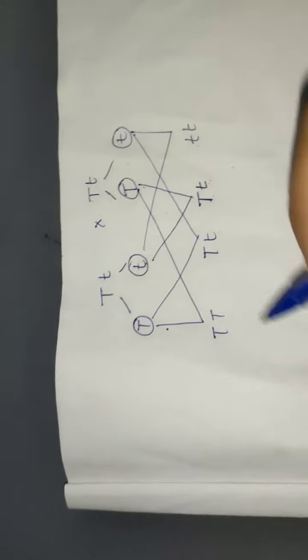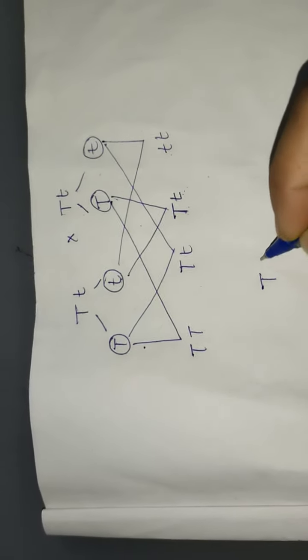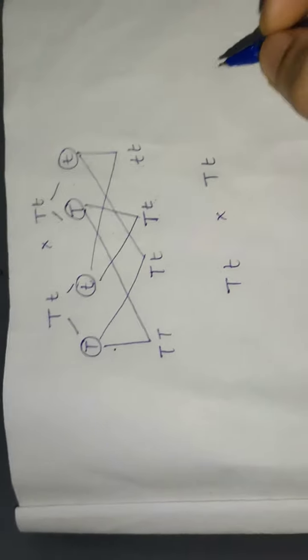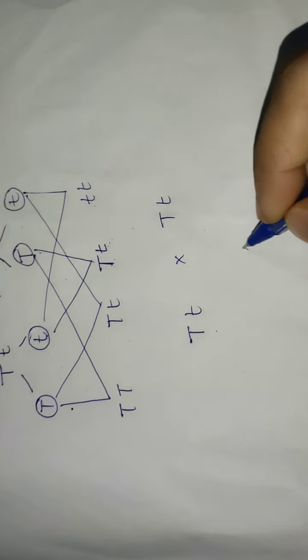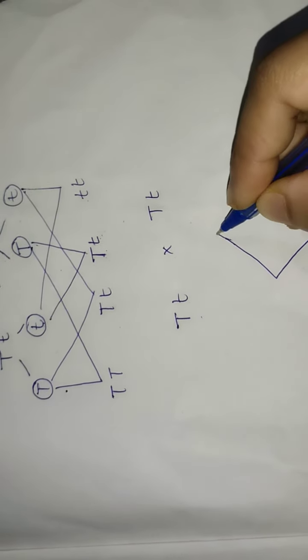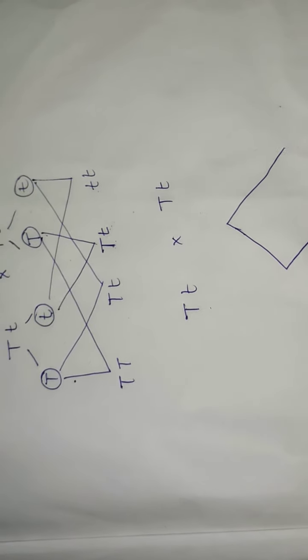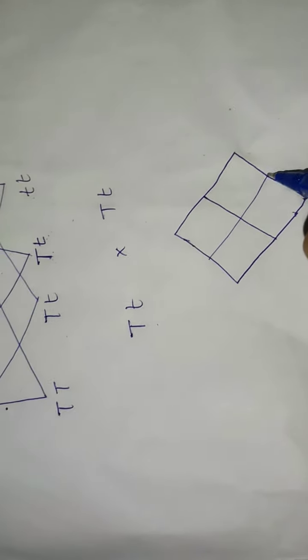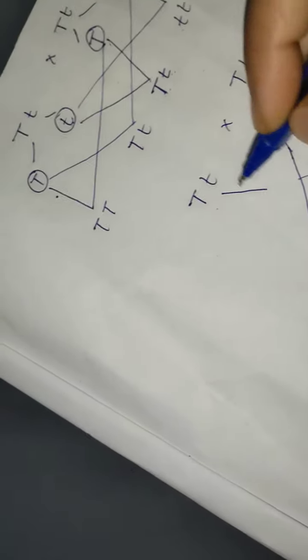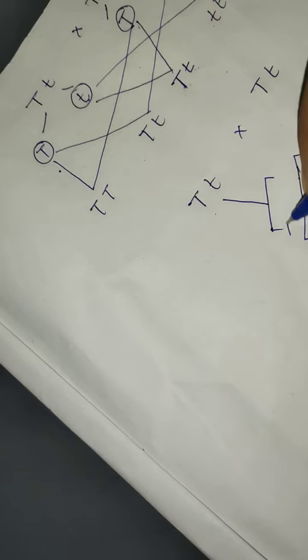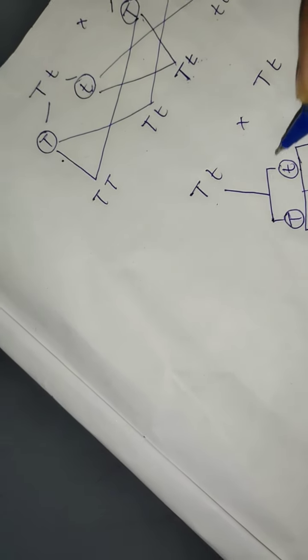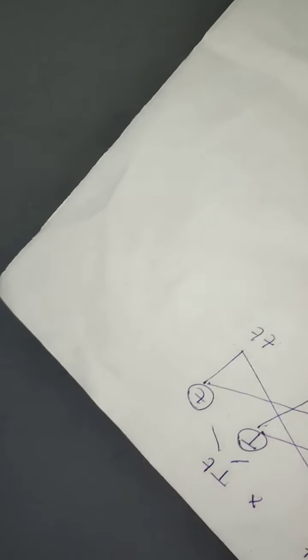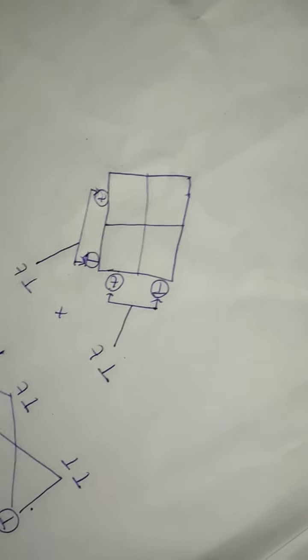This cross now I am showing with the help of a Punnett square. Now we have to make a box having 4 squares like this. Then we have to write the gametes, capital T, small t, capital T, small t, like this.